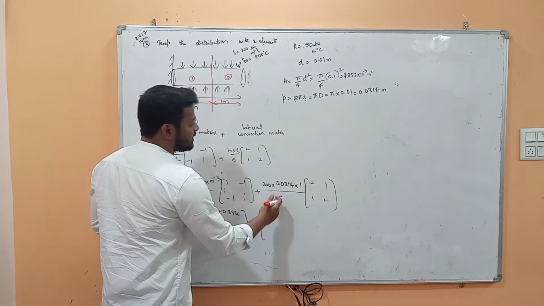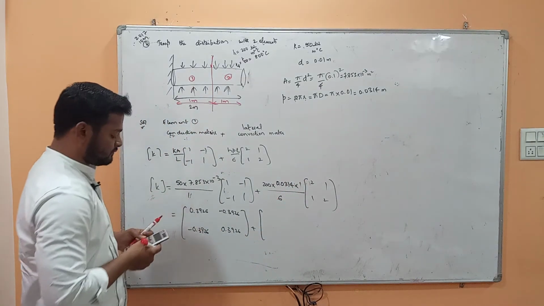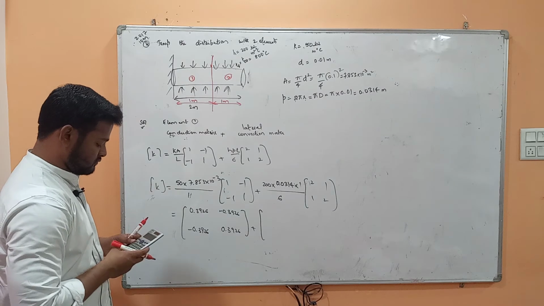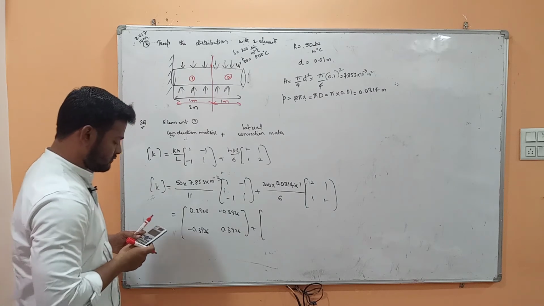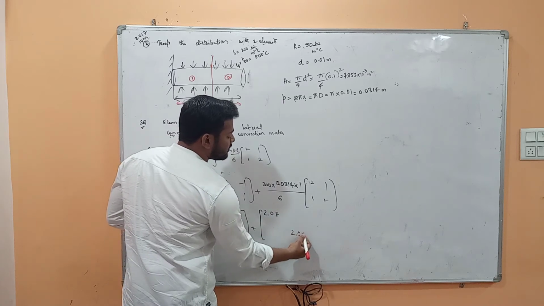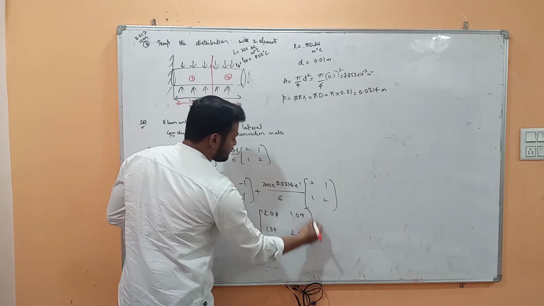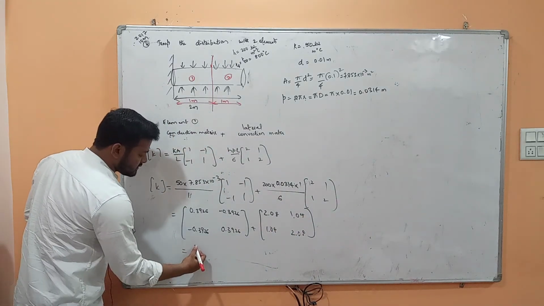So if I am sending it inside the matrix, I am going to get 2 into 1.04, 2.08, 2.08, 1.04, 1.04. So I can add these two matrices.